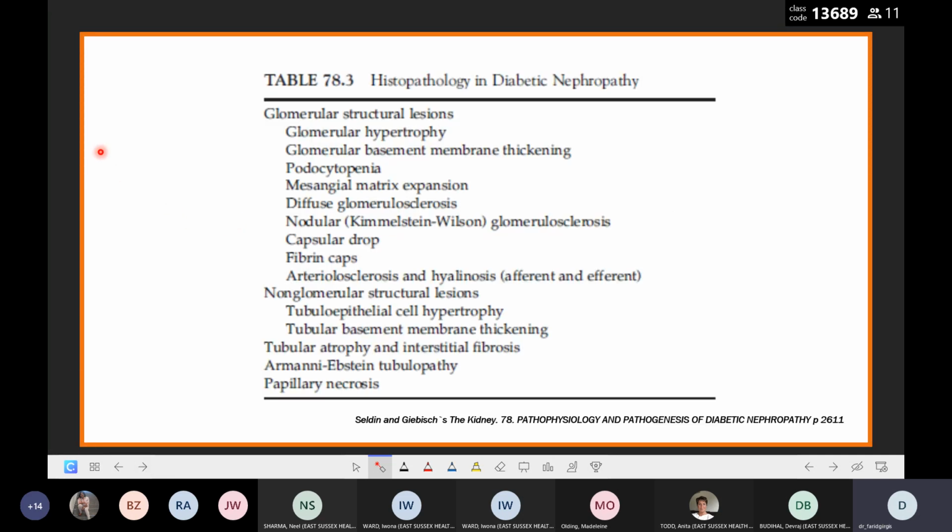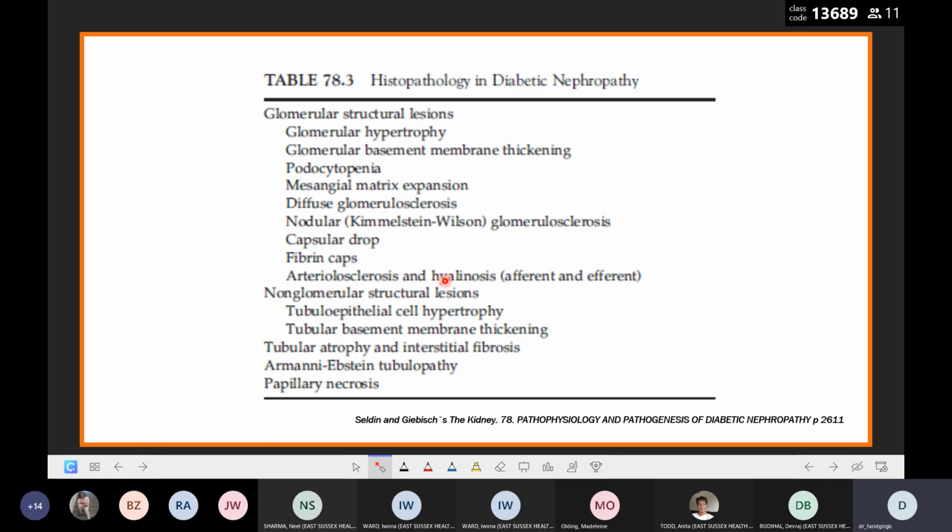I will go quickly through the histopathology, okay, of diabetic nephropathy. So you find changes in the glomeruli like glomerular hypertrophy, basement membrane thickening, podocytopenia, mesangial matrix expansion, glomerulosclerosis, nodular or Kimmelstiel-Wilson glomerulosclerosis, what we call capsular drop.